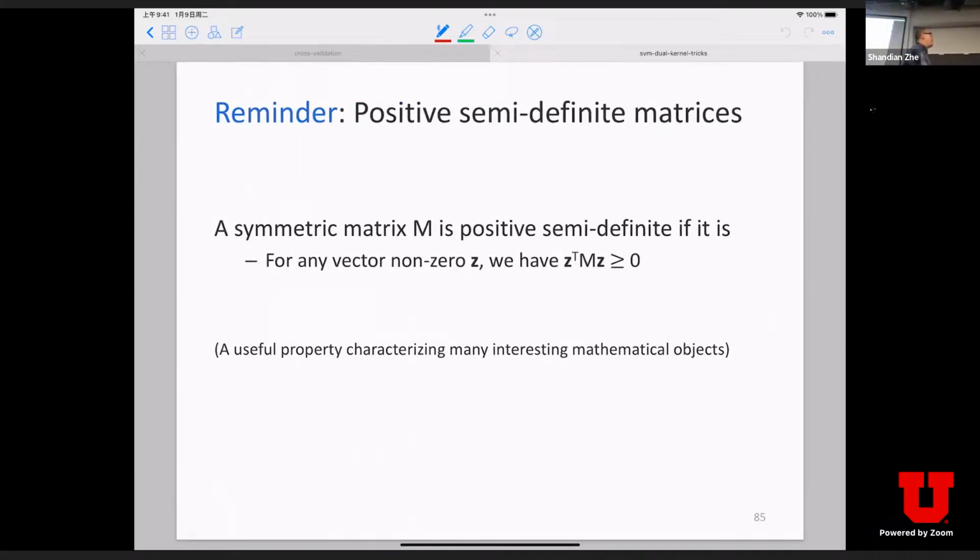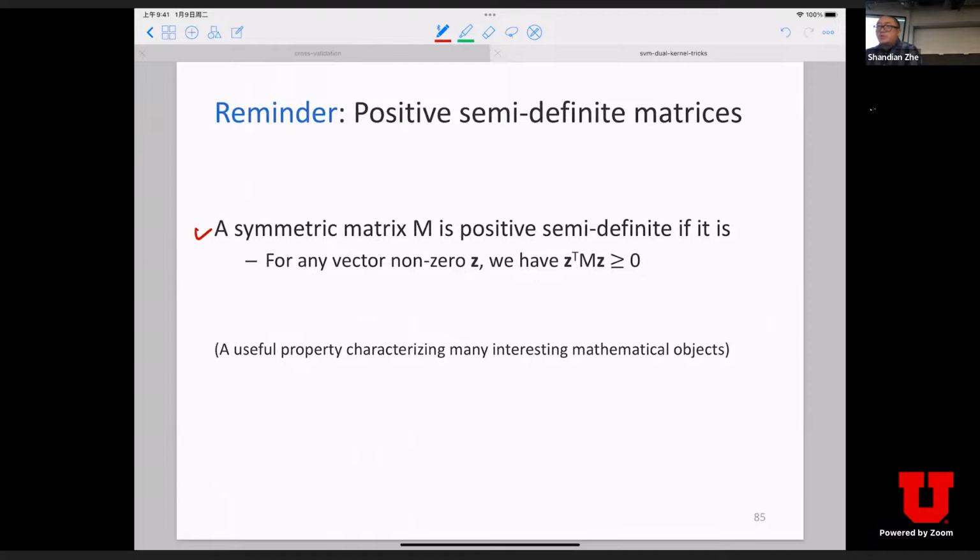So let us look at the detail about this testing condition. First, we need to review what it means for a matrix to be positive semi-definite. Here's the definition I copied from a linear algebra book.